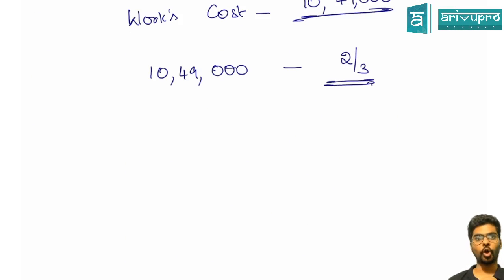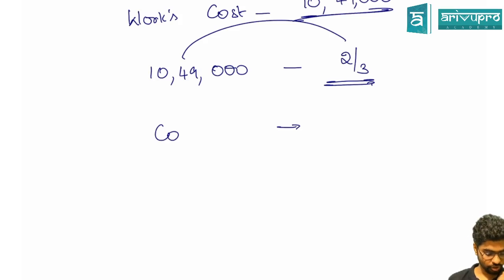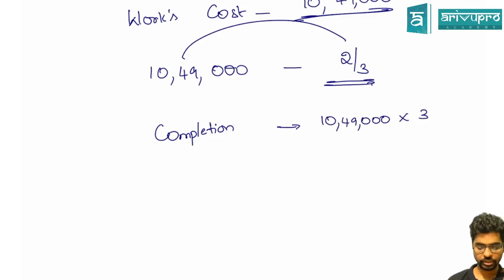So if 2/3 of the work takes 10 lakh 49,000, what will be the cost for completion? That will be 10 lakh 49,000 into 3 by 2. How much does it come to? 15 lakh 73,500.